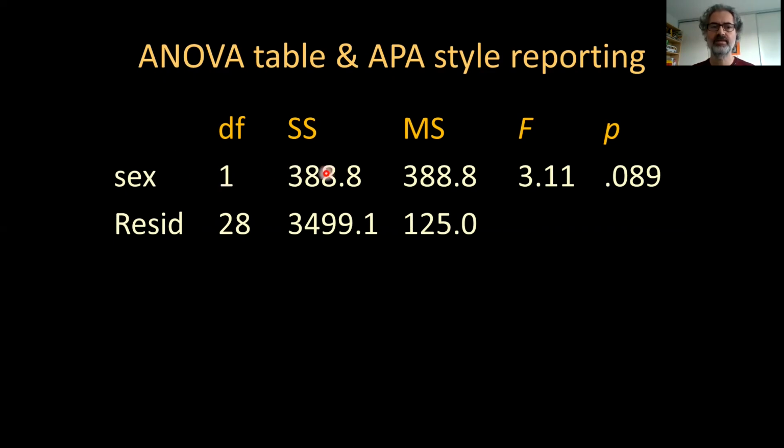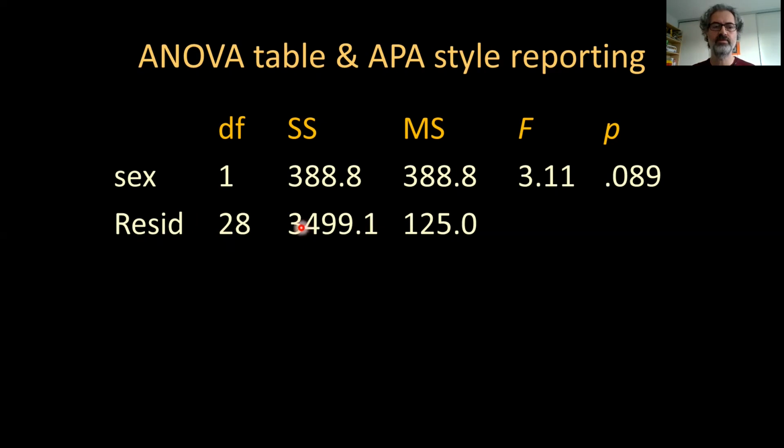This is the sum of squares between, the mean squares between, which is the sum divided by the degrees of freedom. And for the residual, which is the within case in our example, we have 28 degrees of freedom because the 30 data points involve 2 means, 2 groups.